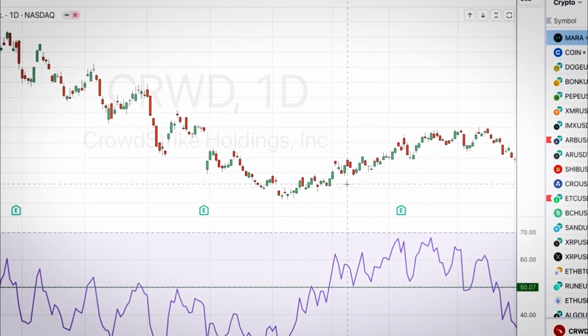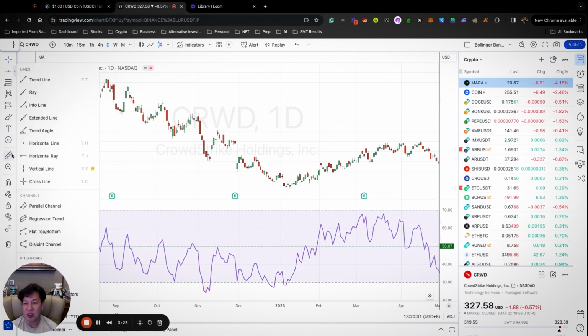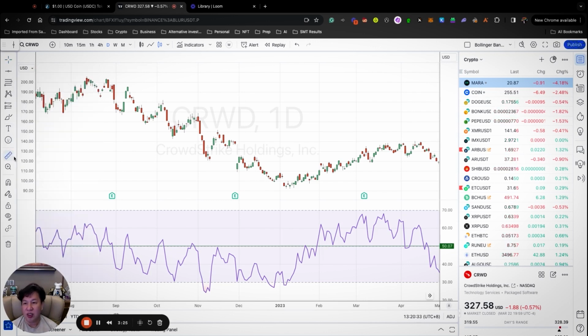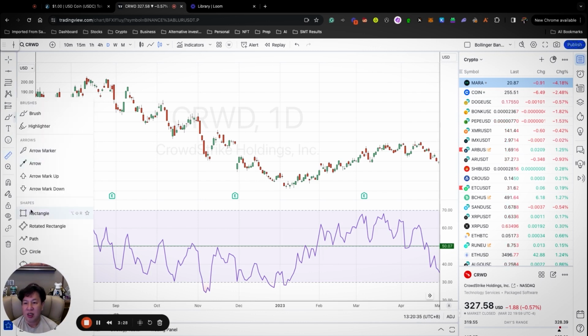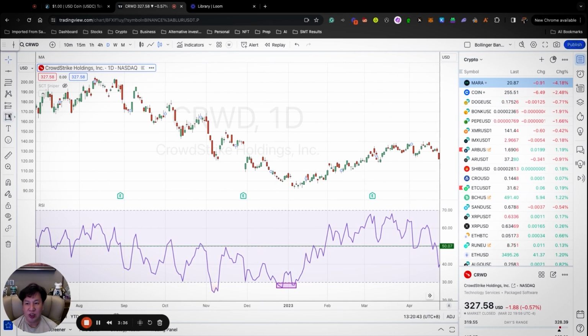This is considered uptrend. So somewhere in the middle is range bound. During the range bound period, you can see where the oversold period is. For example, somewhere here and here. These are the oversold regions.